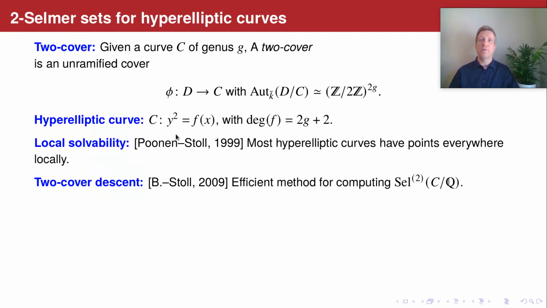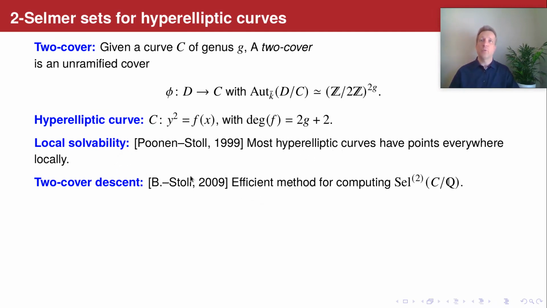This has been studied for hyperelliptic curves in quite a bit of detail. A hyperelliptic curve here is a curve that admits a model of the form y squared equals f of x, where the degree of f is 2g plus 2. It's known that local solvability is something that applies to a lot of hyperelliptic curves.